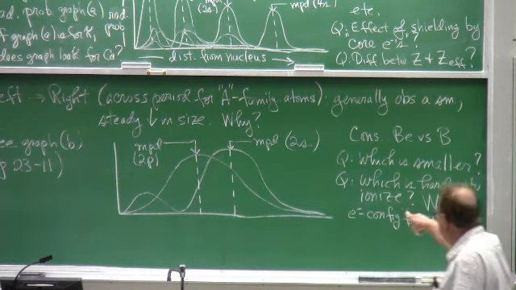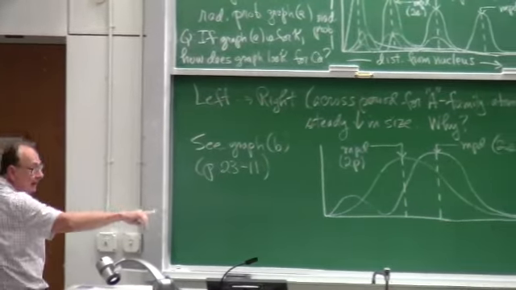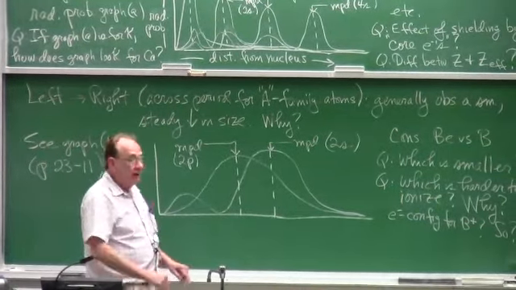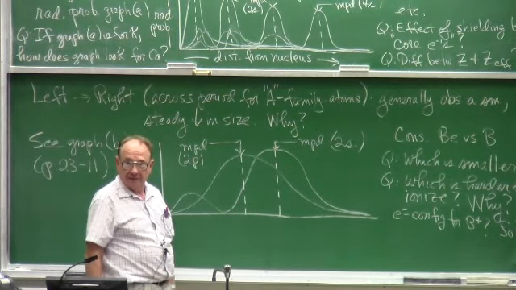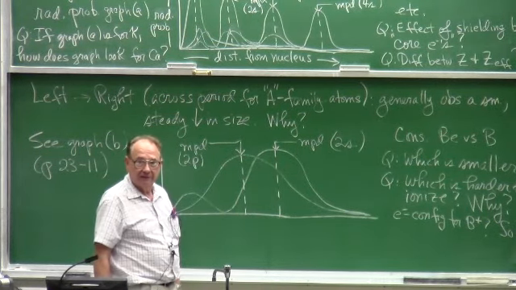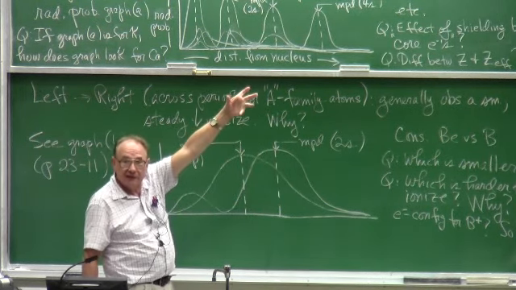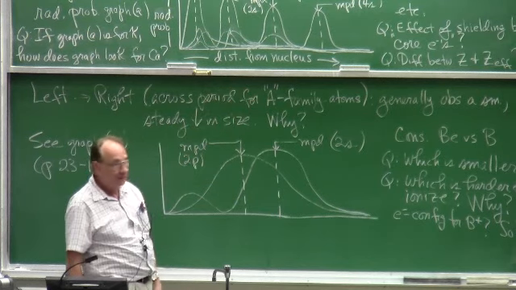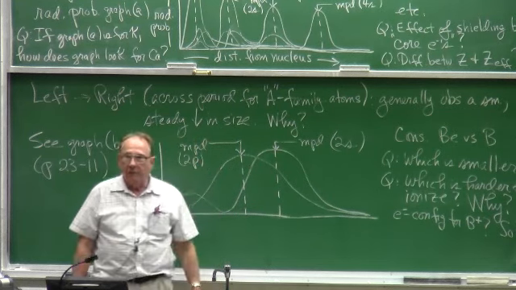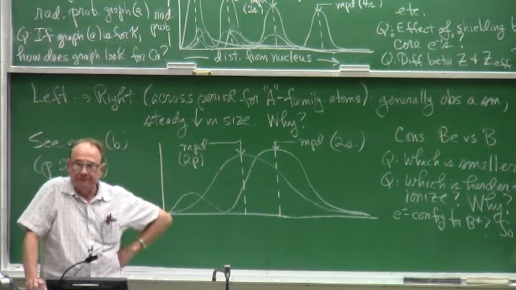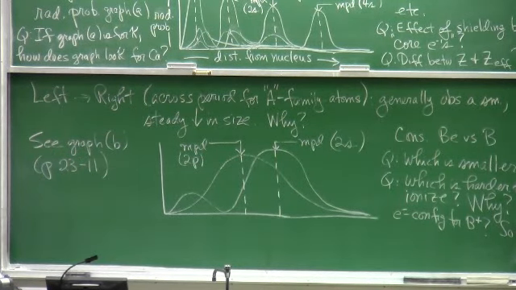Because graph B is showing an overlay of the radial probability functions for a 2p versus a 2s electron, right? So we're talking about electrons in the same energy level. You know, like helium, 1s electrons are clearly in the same energy level. Hell, they're in the same orbital. Beryllium versus boron, which is smaller? We've already observed a trend, which is really established by helium being smaller than hydrogen.